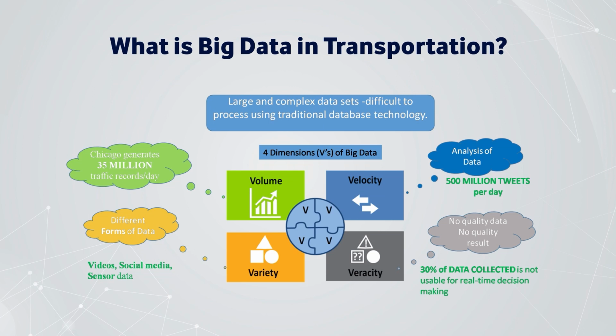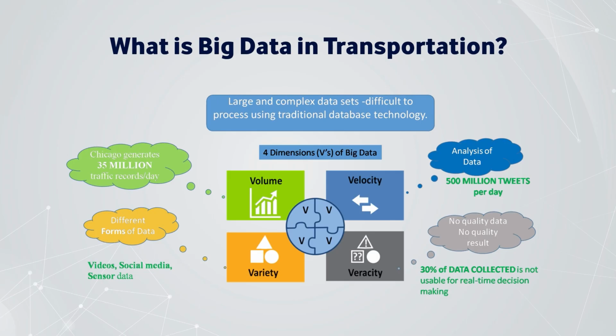That's the main thing. For example, if you talk about volume, today in Chicago approximately 35 million traffic records are generated every single day. So it's huge data, and you need a technology which can store this amount of data.